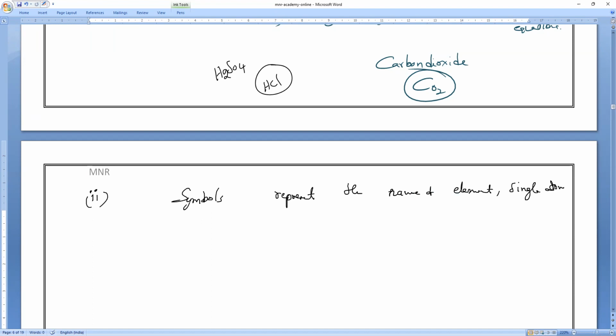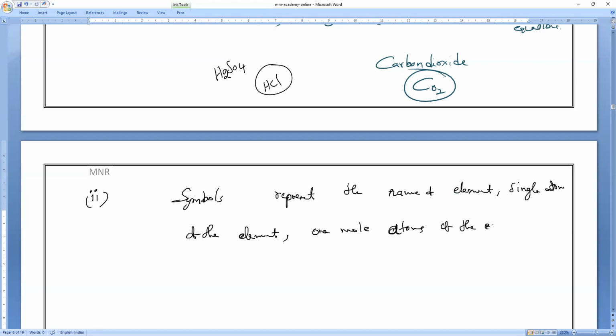And this symbol represents a single atom of the element. Note it, very, very important. The symbol represents a single atom of the element, or you can say 1 mole of atoms of that element, which this chapter will study.